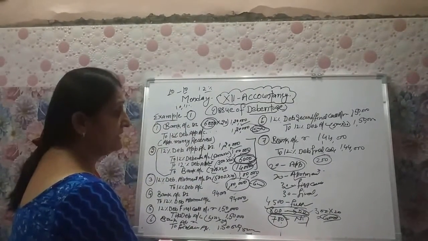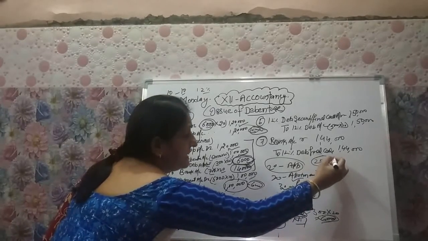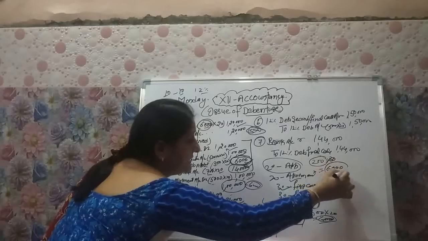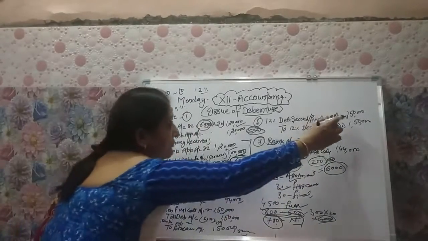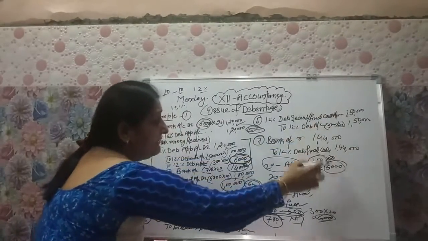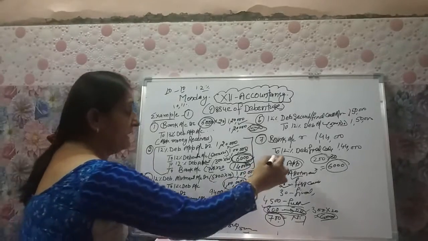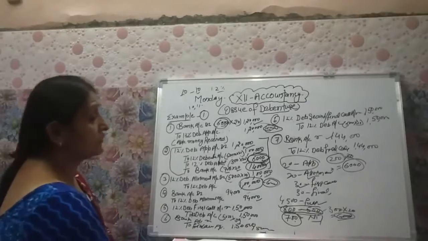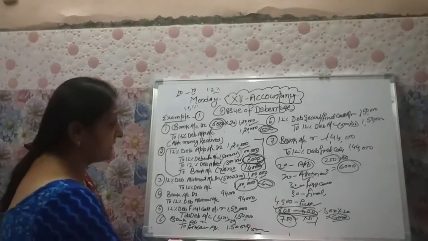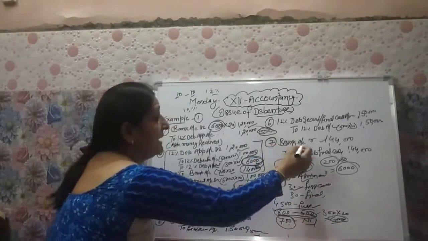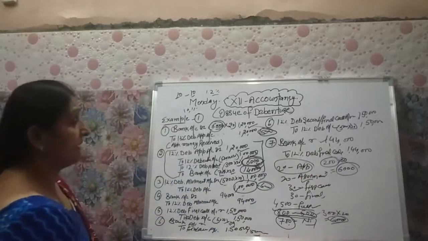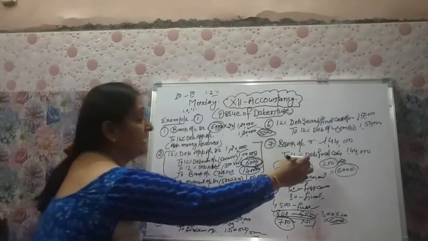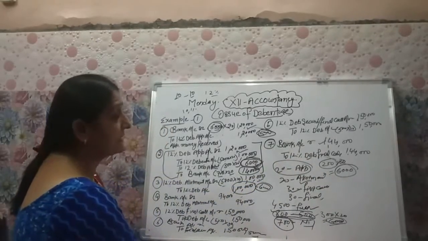This amount will be deducted: on 200 debentures, 30 rupees per debenture final call, 6,000 rupees is not received by the company out of 1,50,000. So 1,50,000 minus 6,000. Now the company received the money on final call, rupees 1,44,000, and the journal entry for receiving the money is bank account debit to 12% debenture final call account with rupees 1,44,000 and the narration is final call money is received.